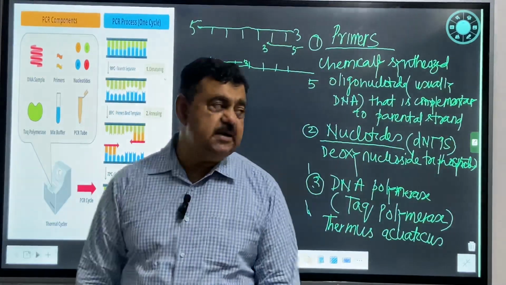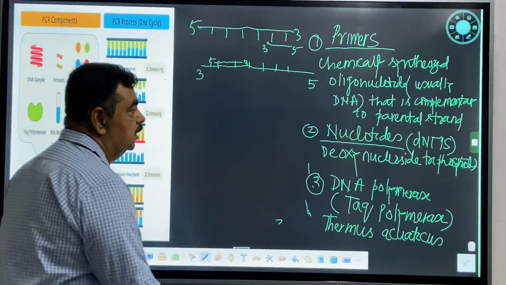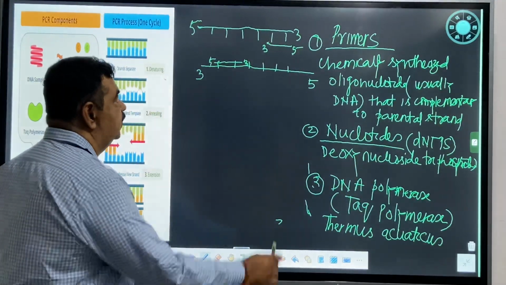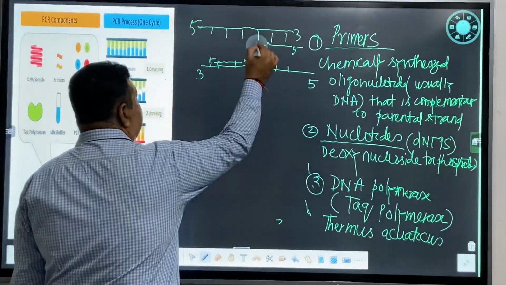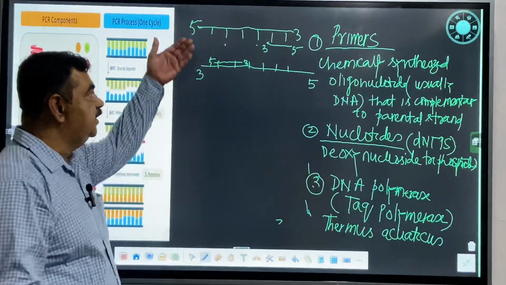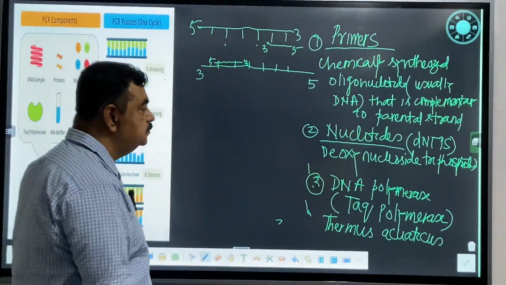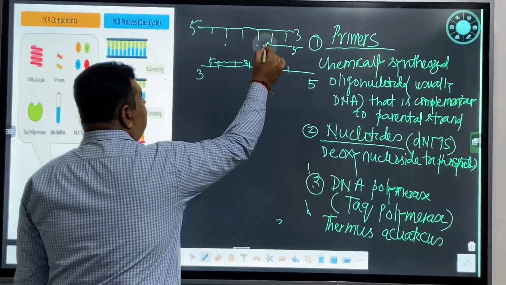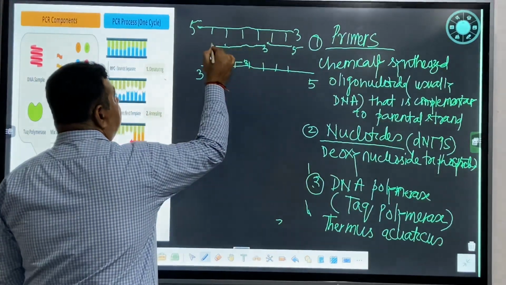Now what happens in the extension? These deoxynucleoside triphosphates, which are arranged according to the complementary bases of the DNA, are polymerized by the Taq polymerase enzyme.